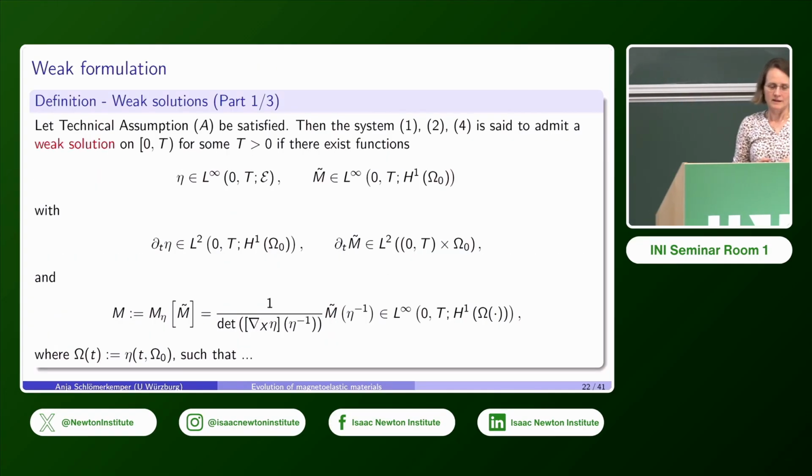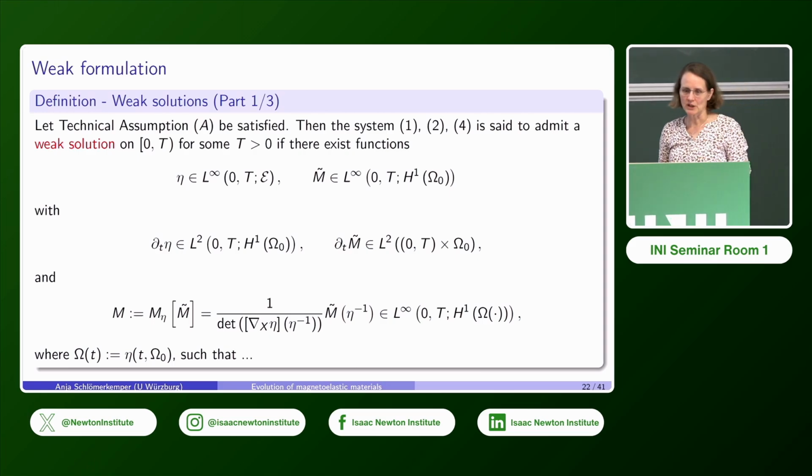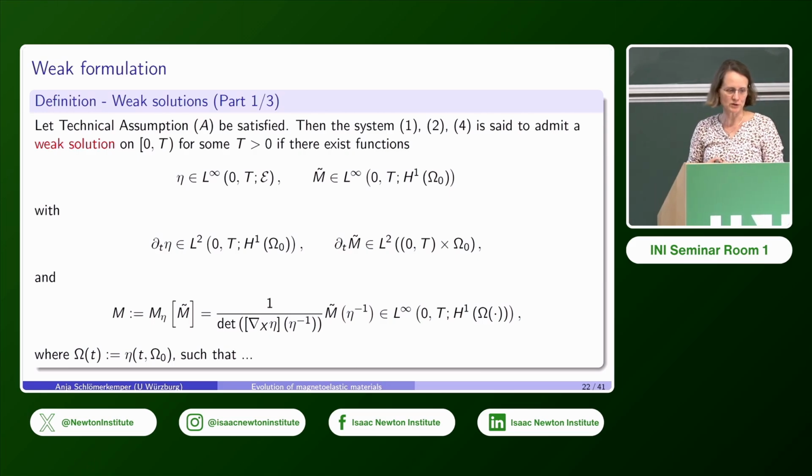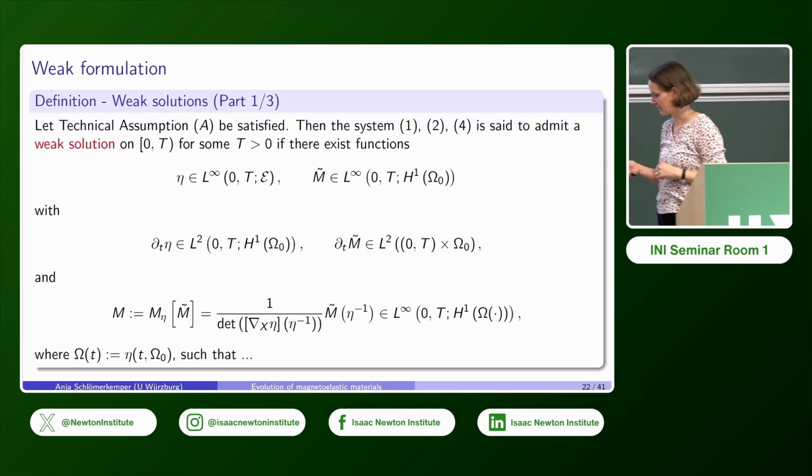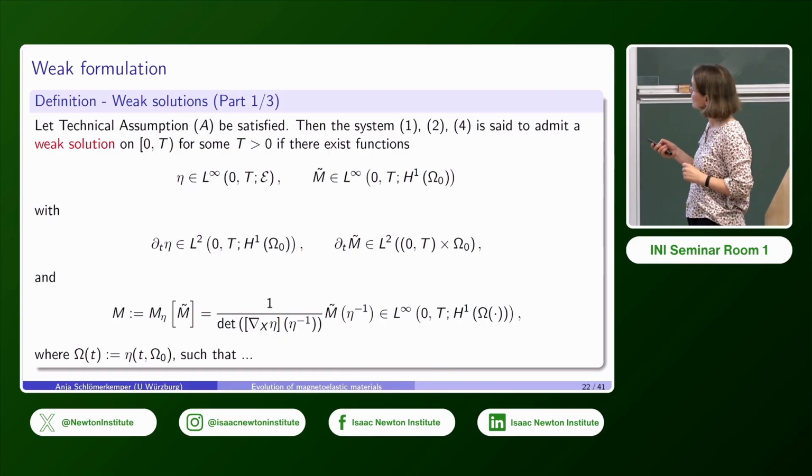Now I can give you the definition of the weak solution. So let all these technical assumptions in assumption A be satisfied.